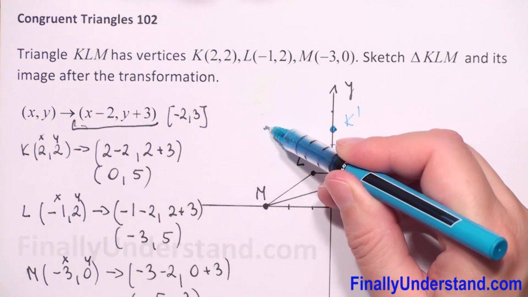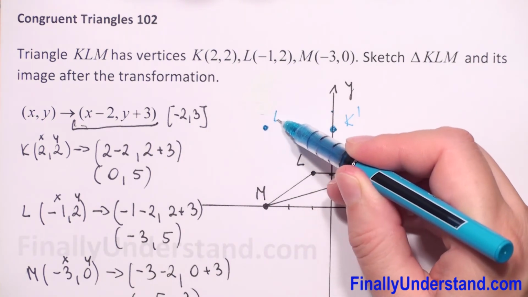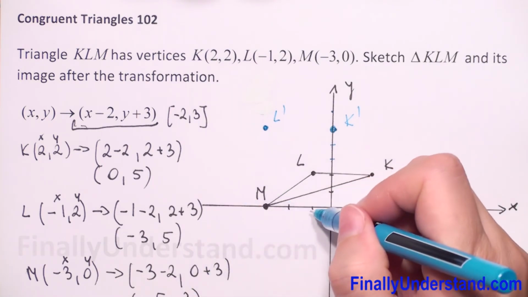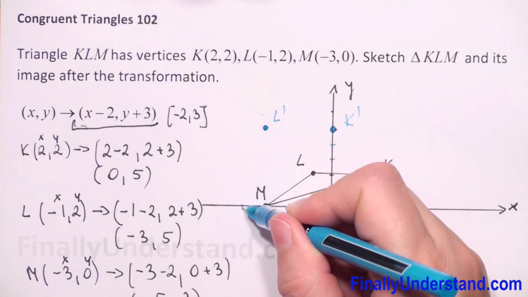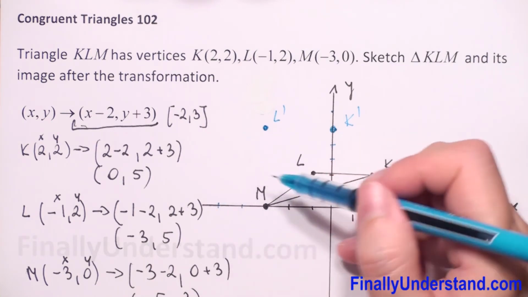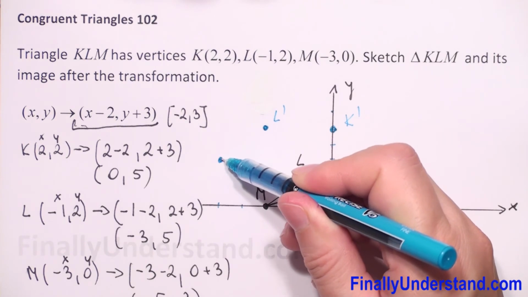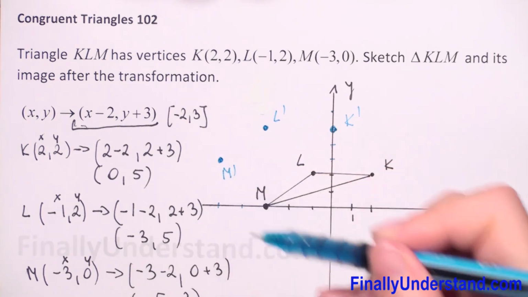So approximately here, this is our L prime. And point M is going now to -5, 3. 1, 2, 3, 4, 5, and 3 up. 1, 2, 3. So this is approximately here. This is our M prime, let's put.